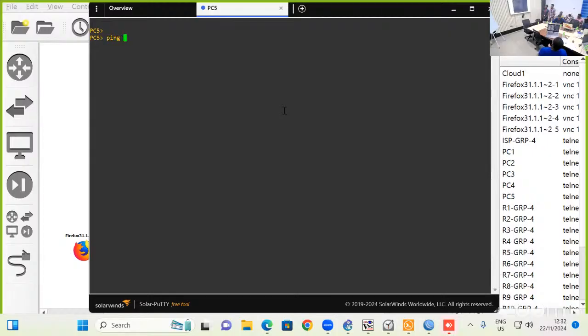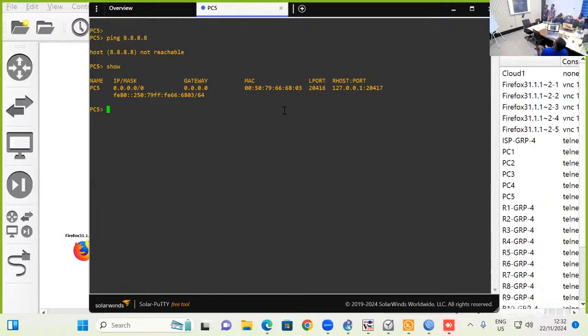Let me first ping the internet and see if it's responding. There's no IP address on PC5.